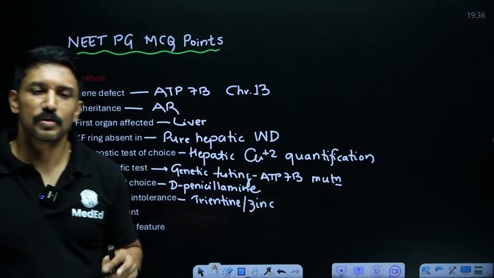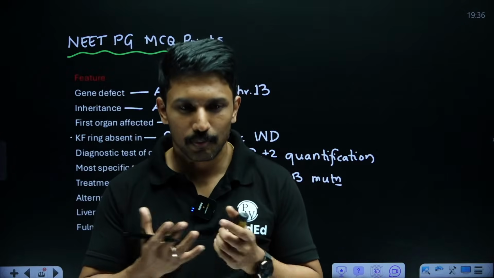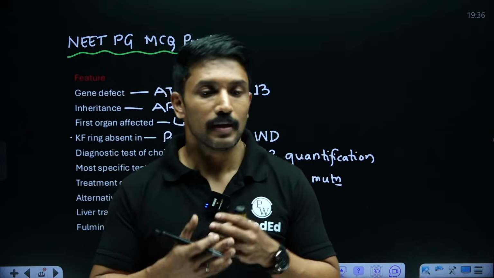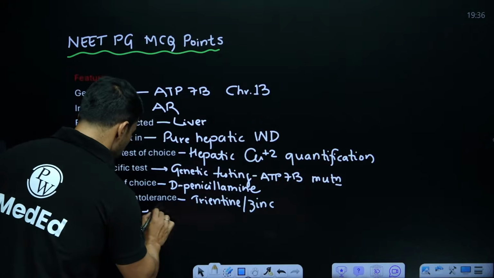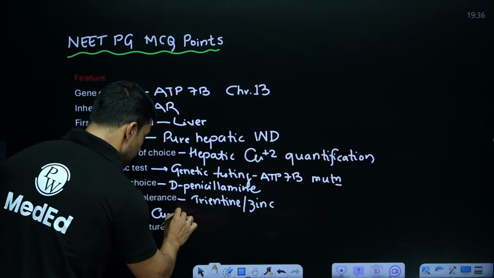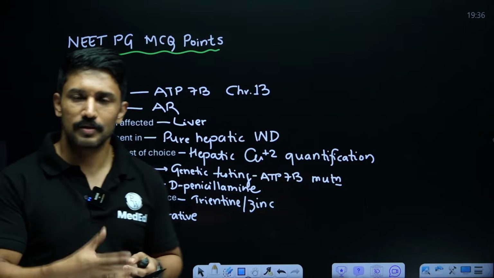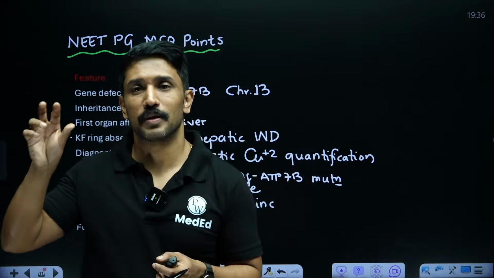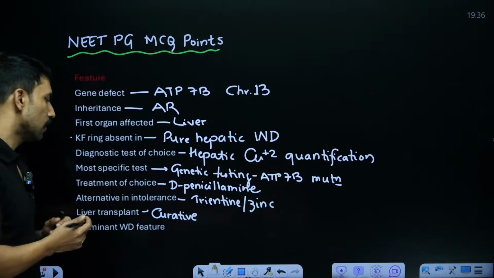My patient doesn't want to take any of these treatment, but he doesn't want to have Wilson disease. Is that possible? Well, liver transplantation is curative. So you give a liver of someone else who has normally functioning ATP7B, the problem is solved. So liver transplantation can be curative, right?